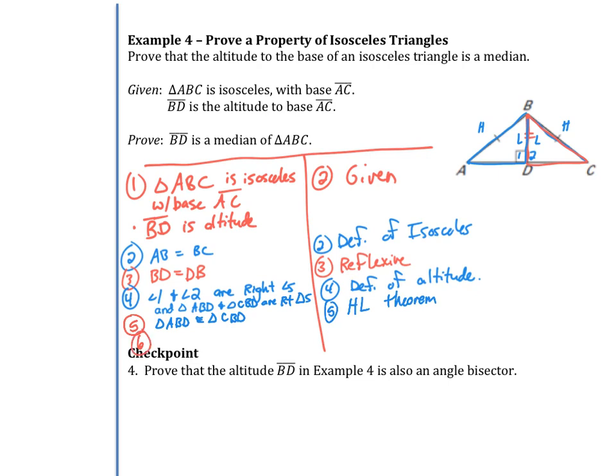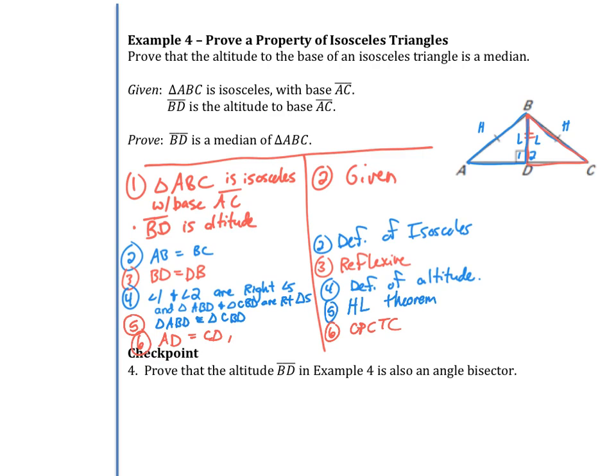And we're trying to show that BD is a median. So then we would have to say that, all right, well, AD is equal to CD, and the reason is CPCTC. Corresponding parts of congruent triangles are congruent. So I'm just going to put in one sentence.